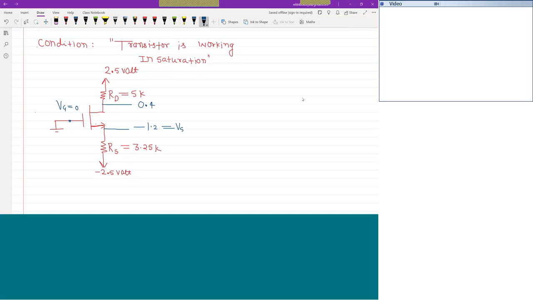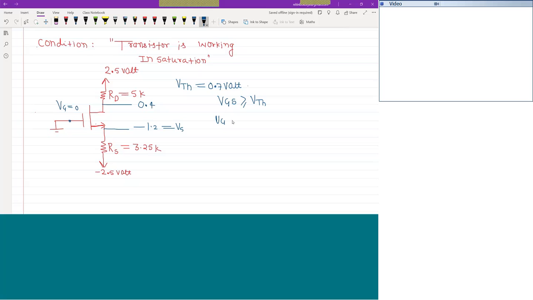So I can find the condition. Vth, the threshold voltage of this device, is given as 0.7 volt. ये इसका threshold है. So what I can say that for saturation क्या condition थी? Vgs must be greater than Vth. तो VGS देखें, VGS कितना आया है?